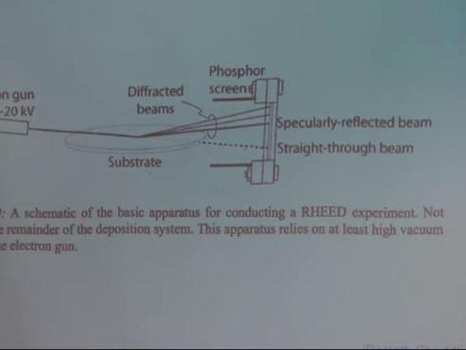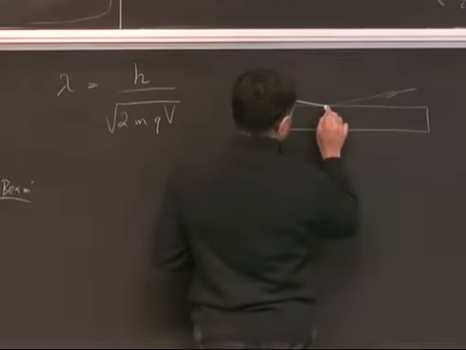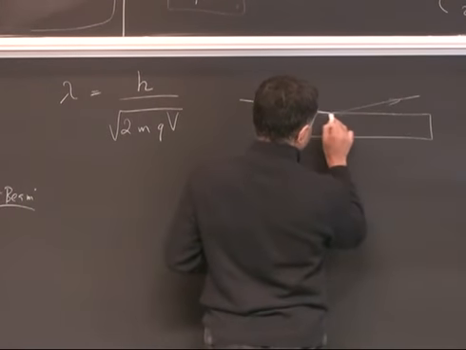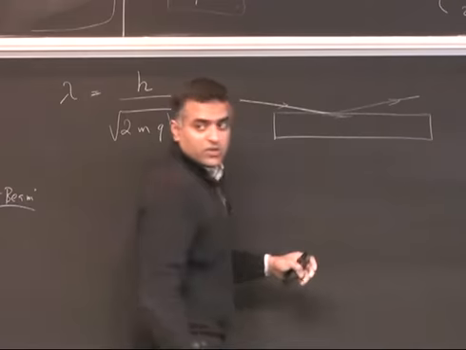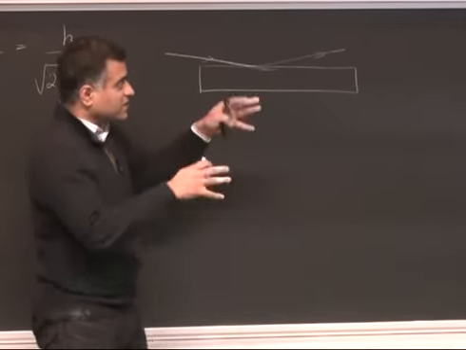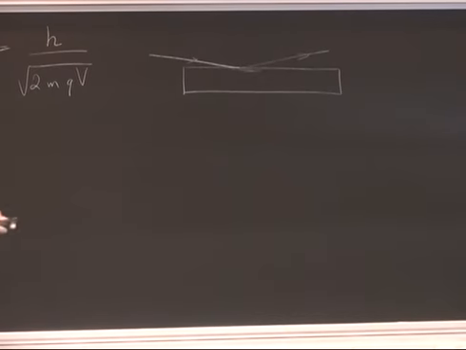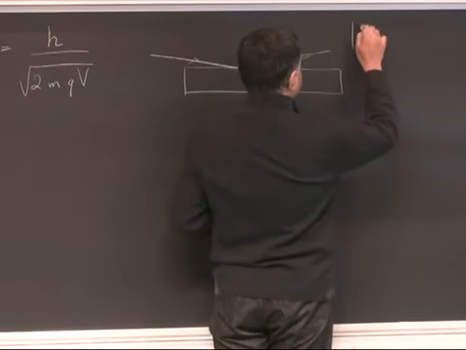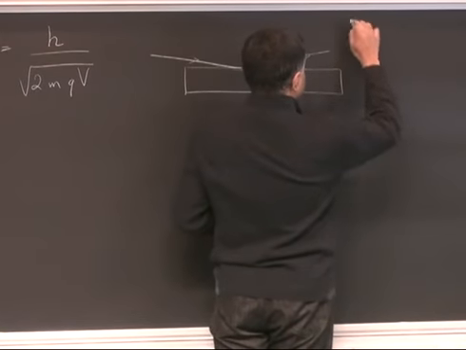If you are incident at a very small angle, the beam penetrates hardly one or two monolayers, one or two lattice planes from the surface, and then it diffracts. The phosphor screen picks up the entire intensity as a function of Q.